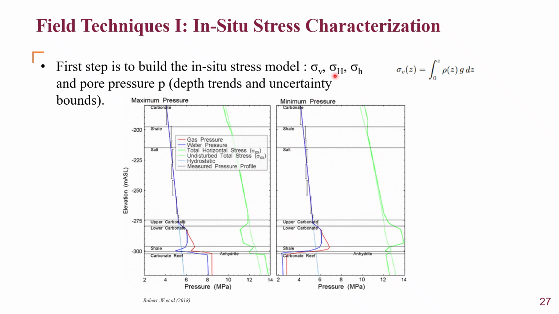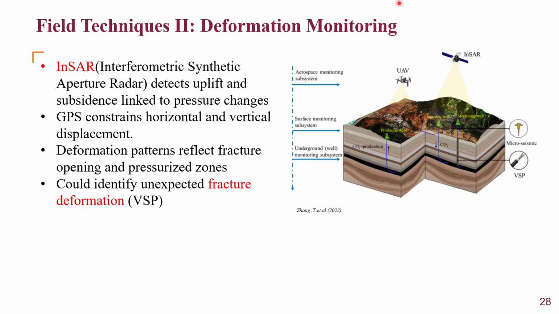These stresses will help the engineers to actually know their injection procedure and how to inject into the reservoir. The vertical stress is normally given as rho g z, where it is calculated based on the lithostatic gradient or the overburden.